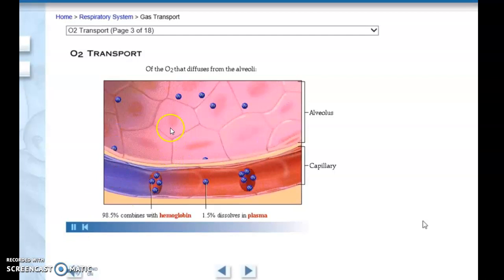As a matter of fact, percentage-wise, 98.5%, by far the greatest amount of oxygen, is going to bind to the hemoglobin in our red blood cells, and only 1.5% will just dissolve in the plasma.